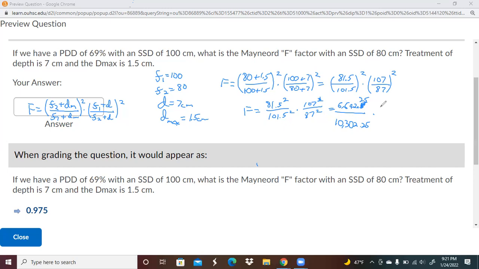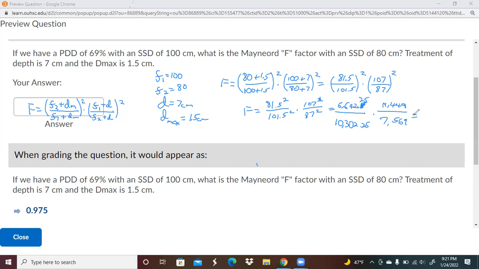It turns out to be 11,449. And then on the bottom, 87 squared is 7,569. So if you go through and multiply all of that out, what do you get?